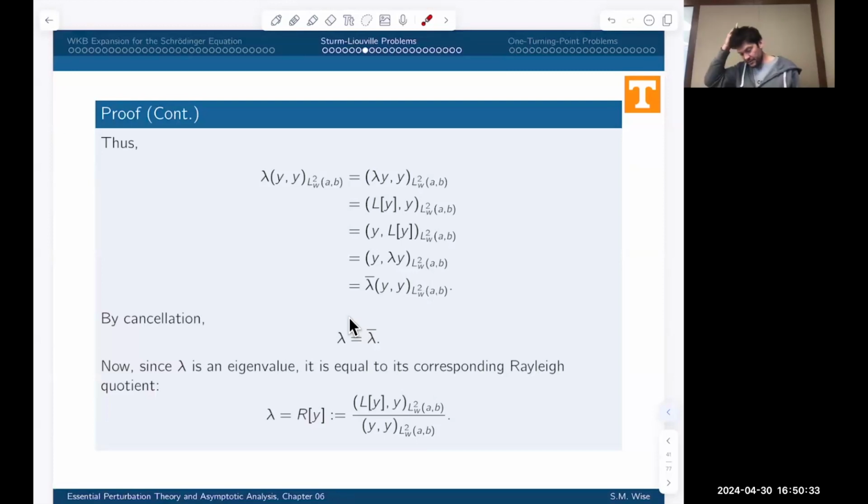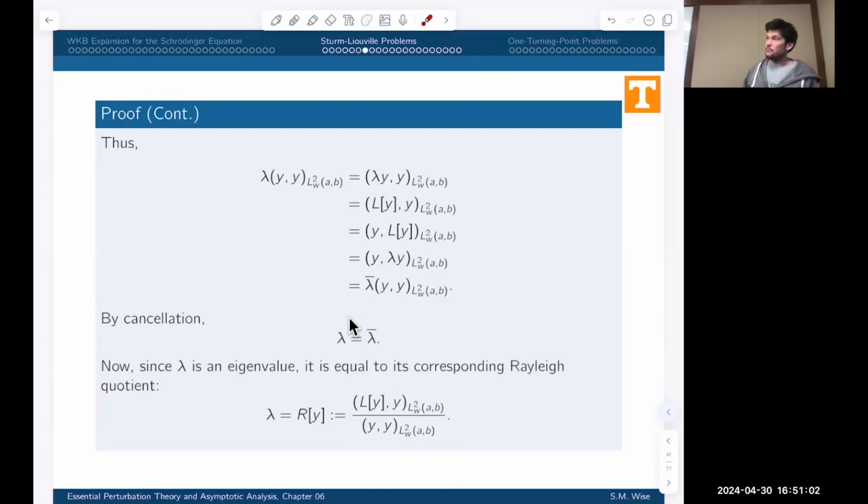And that follows simply from this calculation up above. So somewhere in here, we can use this and divide by that. So lambda is just equal to that. You can see that's part of this computation. Very simple. This object here is called a Rayleigh quotient.